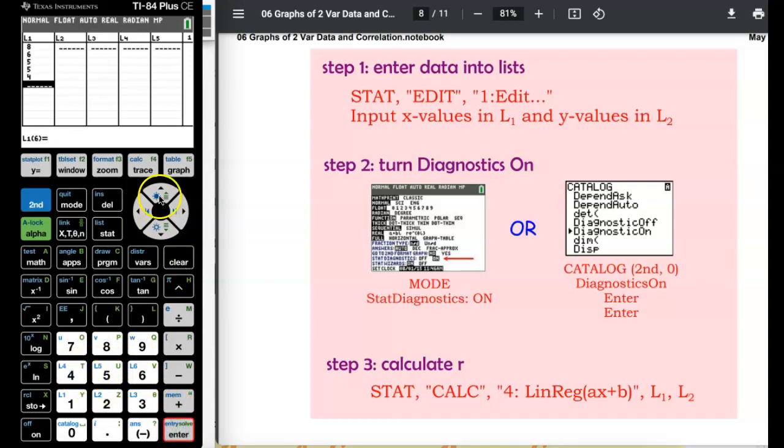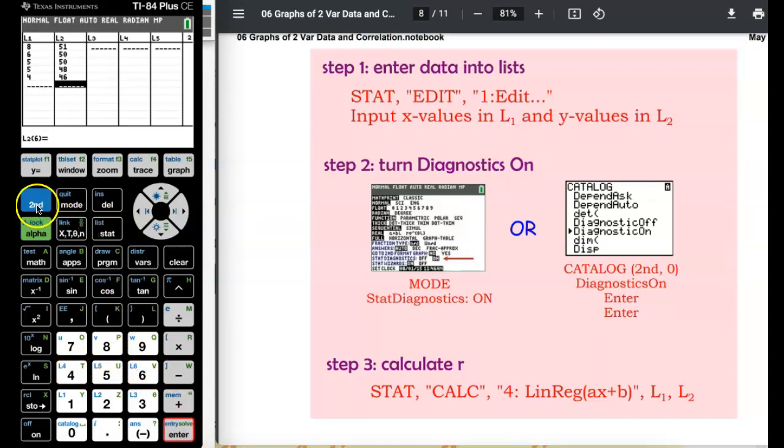I'll just put in a little bit. And then over in L2, list 2, we're going to put in some other data. Let's do 51 and 50 and 50 and 48. I have no idea what this data is representing, but that's okay. All right, so there's our data.